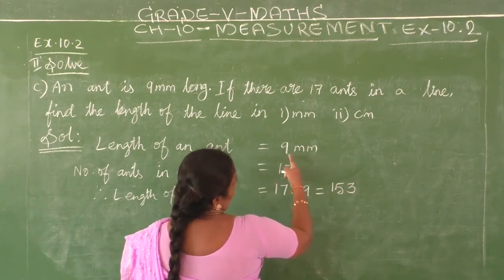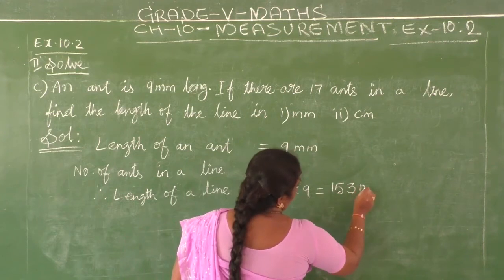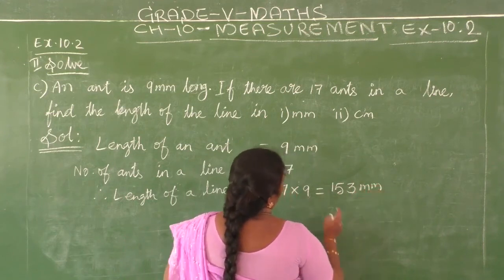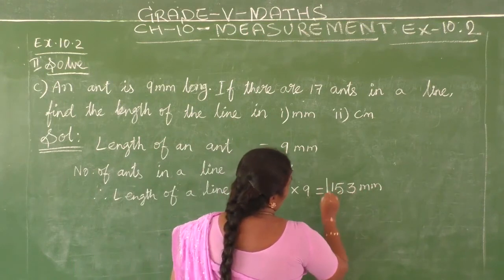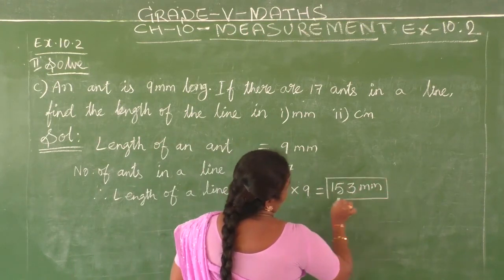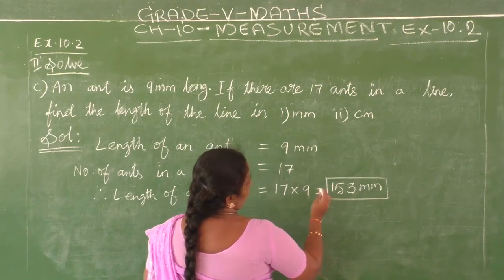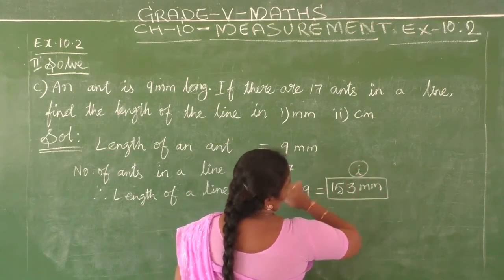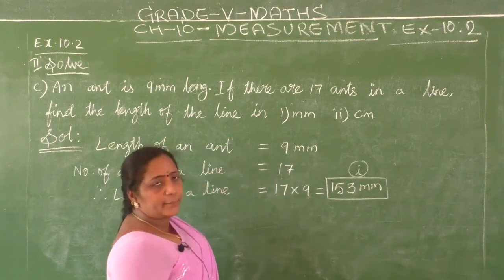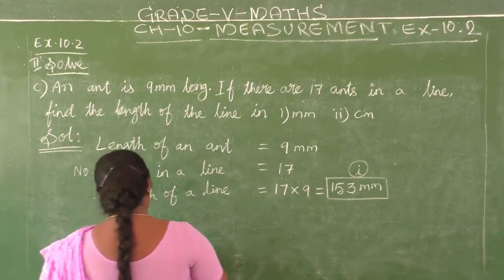So 153. What measurement did they give? Millimeter. So the length of the line is 153 millimeter. This is the answer for the first question.